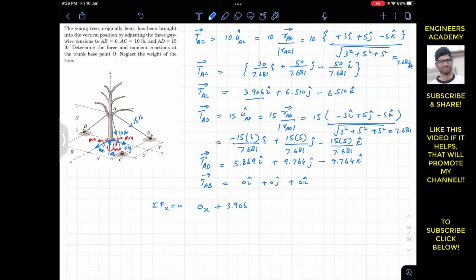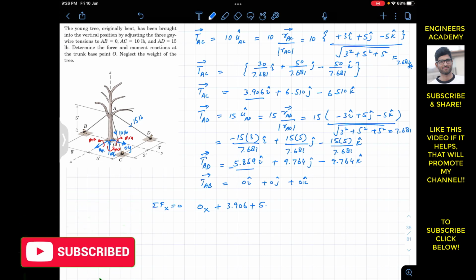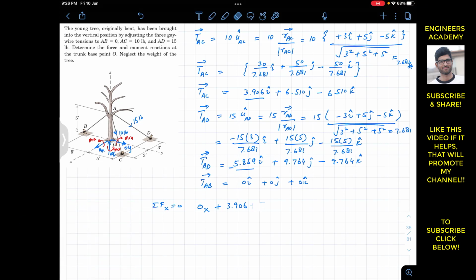This is 3.906, then plus 5, sorry, this is not plus, this is negative. Since we have minus sign here, so this is minus 5.859, and this is 0. So we will write plus 0. This is equal to 0.